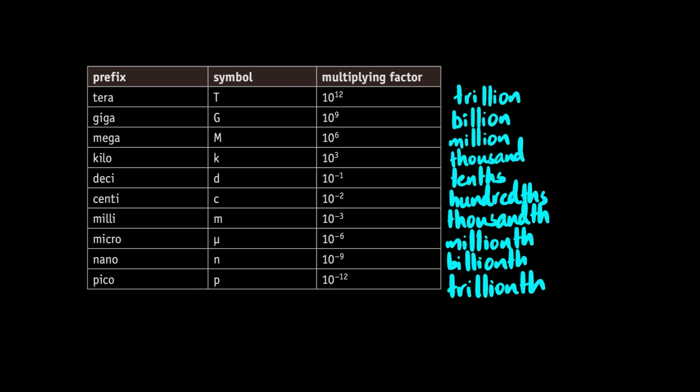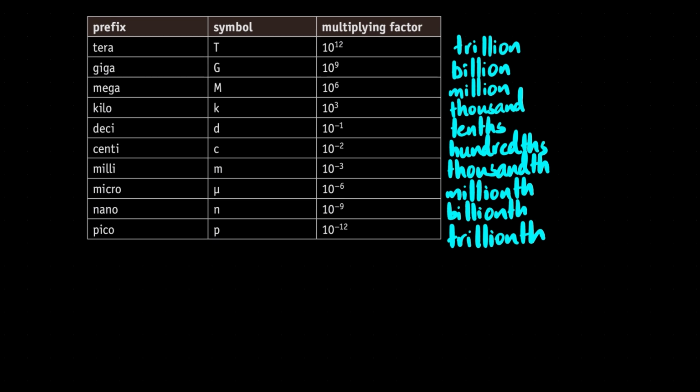So what you should know is obviously this, but also how to use this. So the first type of problem that you could have is writing a number in prefix form.